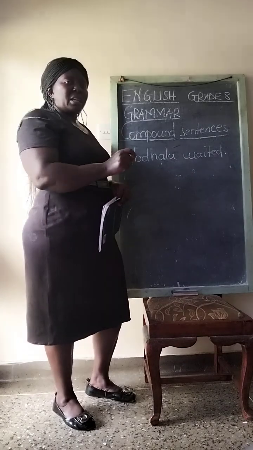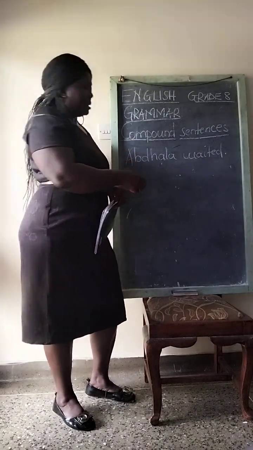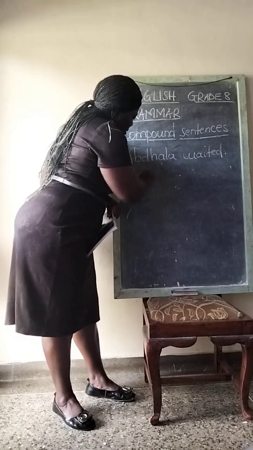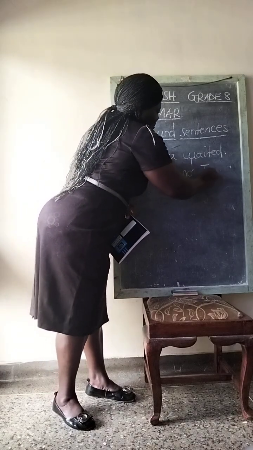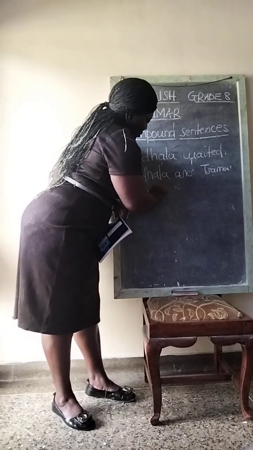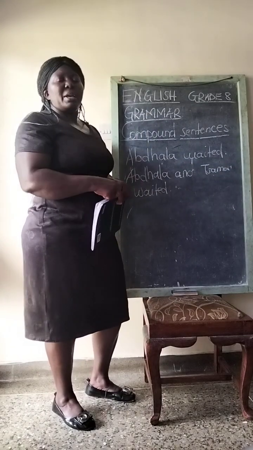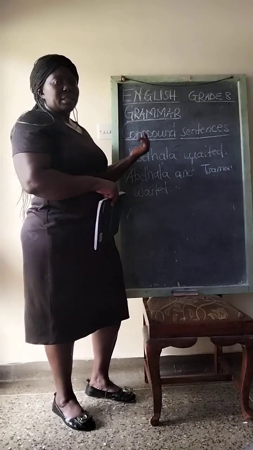And sometimes subjects can be compound, where we can now have Abdallah and Sama waited. Abdallah and Sama waited. So these two are simple sentences.